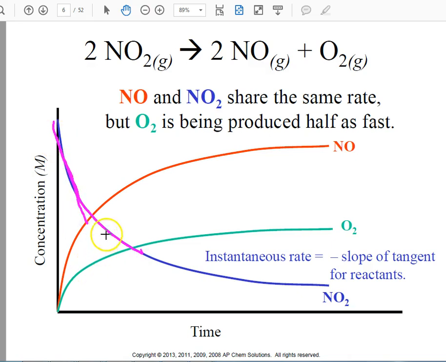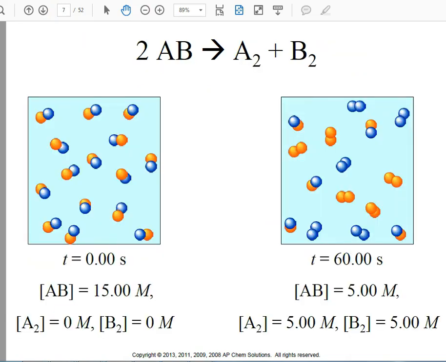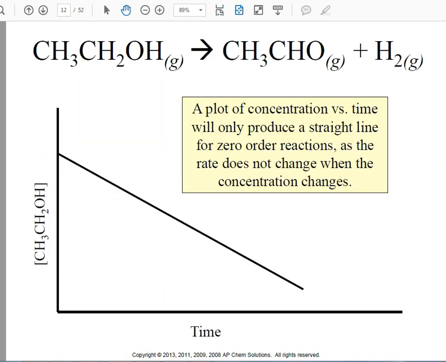Our rate is different here than it is here, and then the rate's different here. The tangent line changes, right? But if it's zero order, over time, the concentration is changing, but that tangent line, that slope, that rate, stays exactly the same. Because no matter the concentration of this species, the rate is not affected.